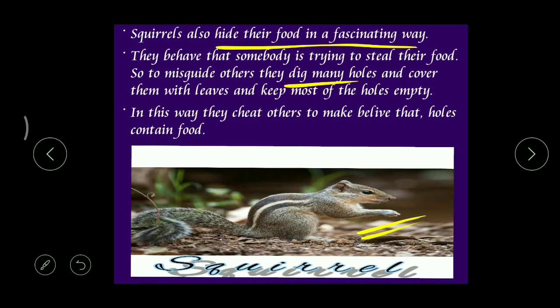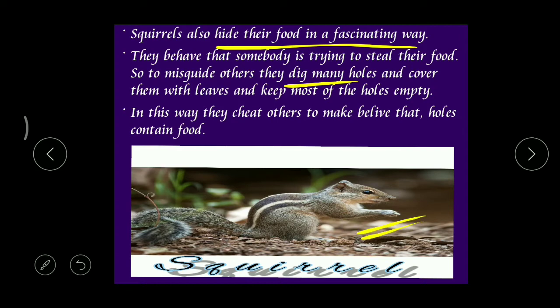food. Okay. So of course this animal knows that some other animals may find my food, and they come and open these holes and eat up my food. Okay. So in order to confuse the other animals, it makes many holes. But it keeps the food only in a few holes.